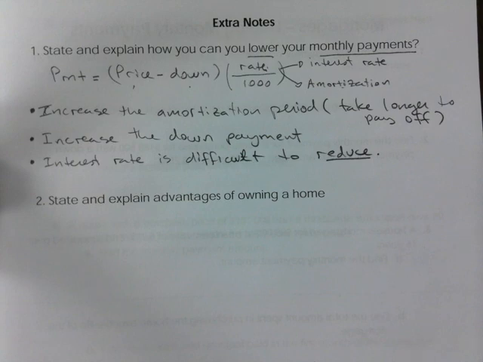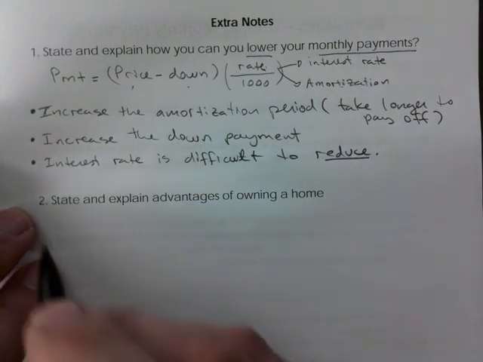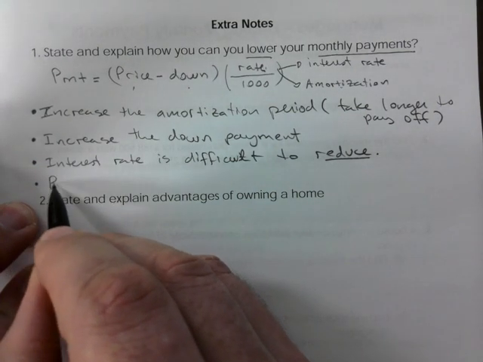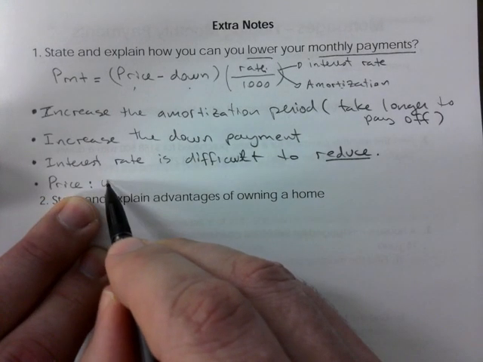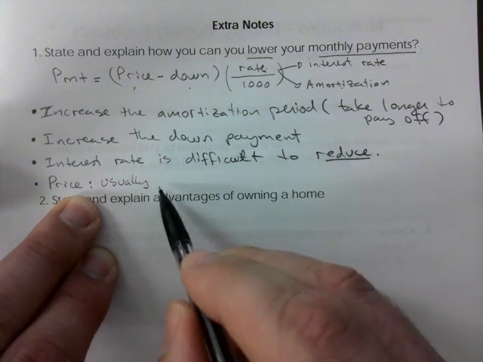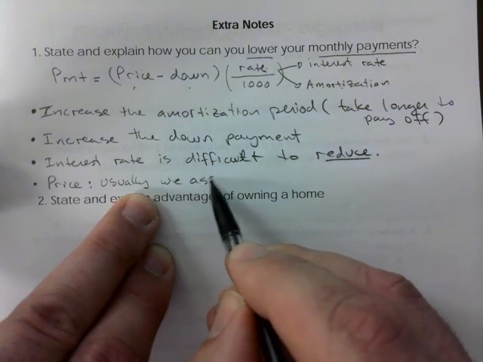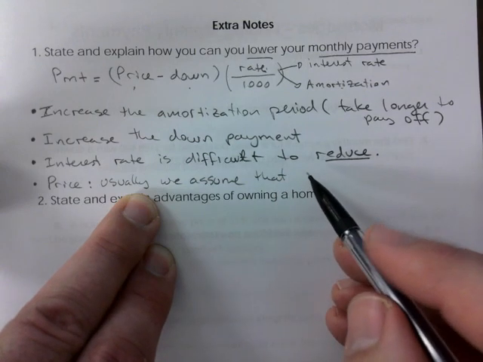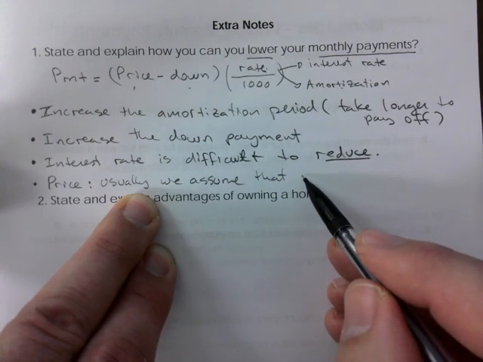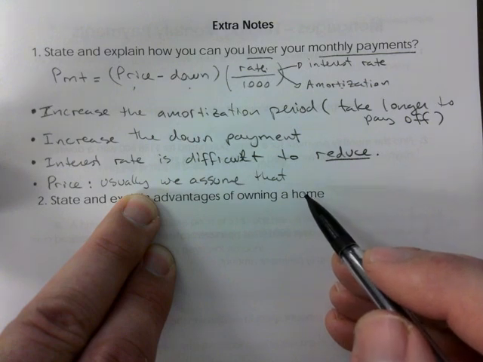It's going to be fairly even across the board, maybe off by 0.25% or something like that. So yes, it is valid to go and shop for a lower interest rate, but it's hard to reduce. And the price, usually we assume, how would I say this, that it's non-negotiable.